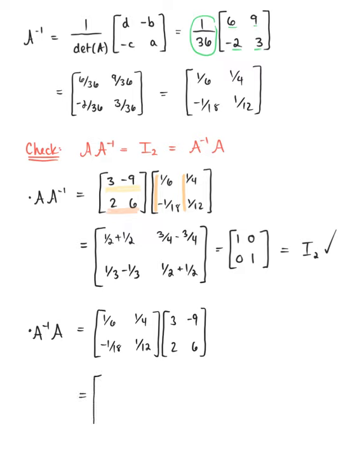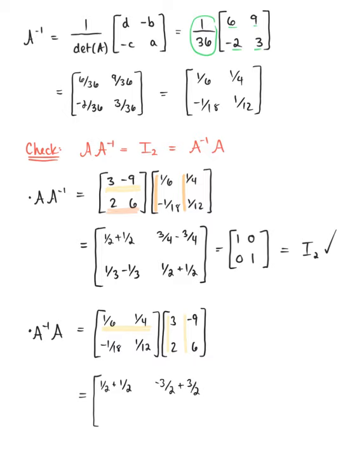And by the row column rule, we have the first row of the inverse multiplied by the first column of matrix A. So that's 1/2 plus 1/2. We now have the first row of the inverse multiplied by the second column of matrix A. So that is leaving us with -3/2 plus 3/2.